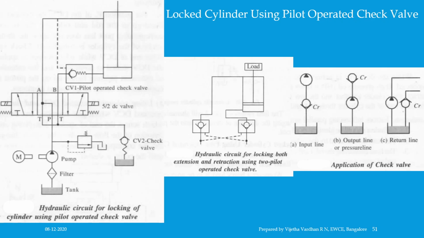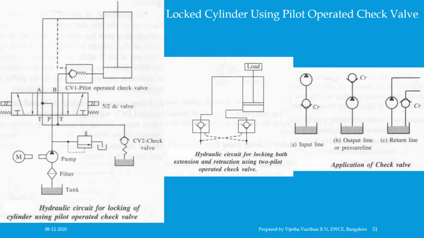Other applications of check valves: a check valve in the output line of a pump prevents the draining of fluid from the pump when the pump is stopped, thus keeping the pump primed. This is especially important when the pump is above the reservoir.